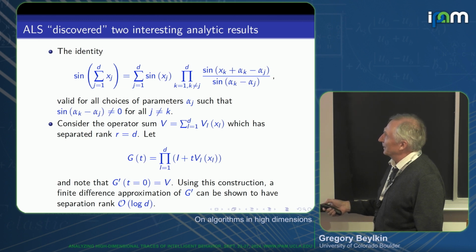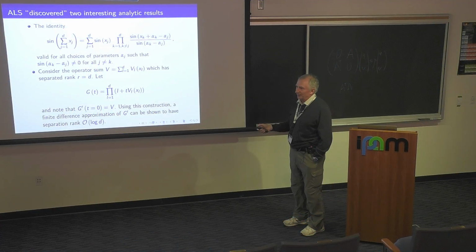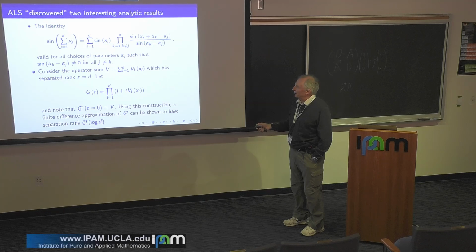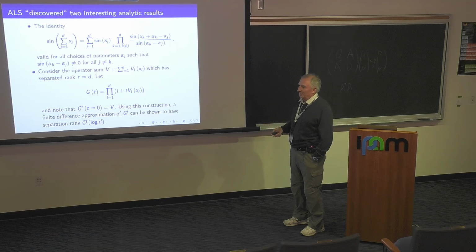You see, you have standard formulas for sine. Now, if you use complex numbers, of course, there's separation rank 2. But if you use real numbers and standard trigonometric identities, each time you will double the number of terms, so it will have 2 to the d terms.